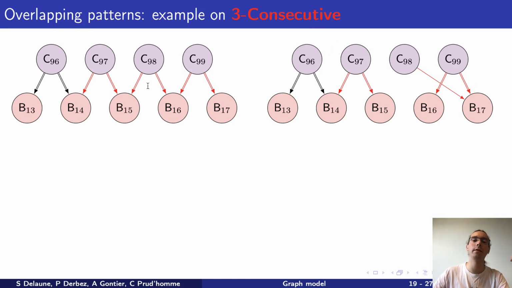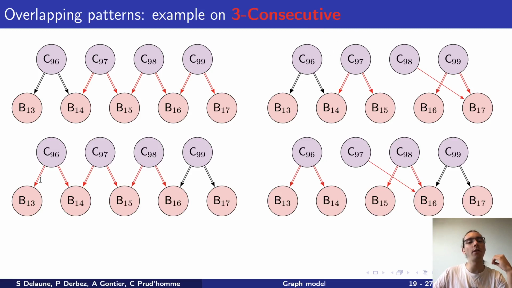So I will constrain these 2 solutions, and then I will take into consideration the left 3 bits with these red edges here, and I will constrain another 2 solutions. So I think that I have constrained 4 solutions, but in fact I've only constrained 3 because the 2 left patterns here are exactly the same.